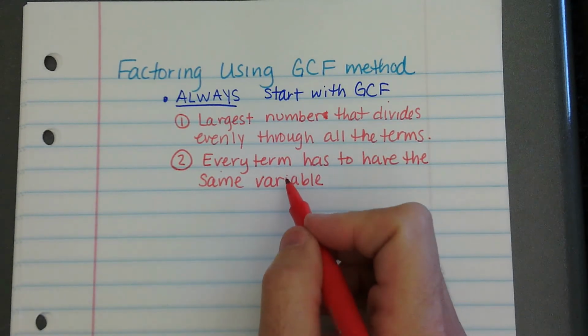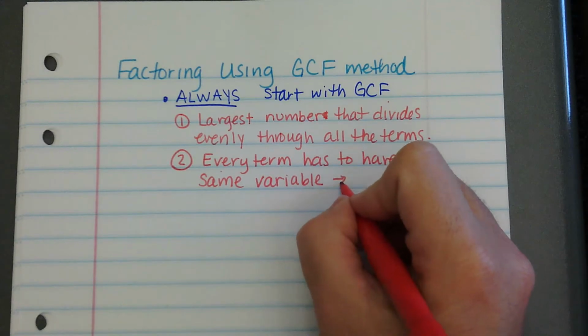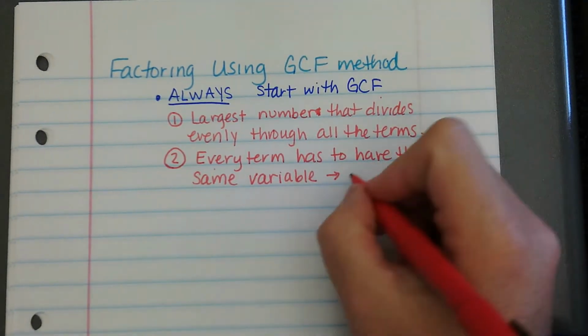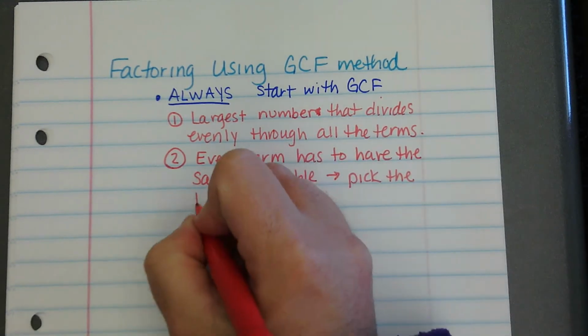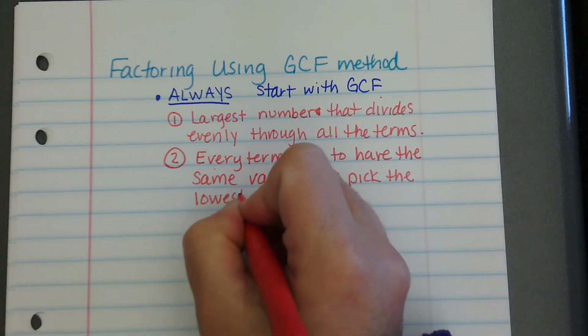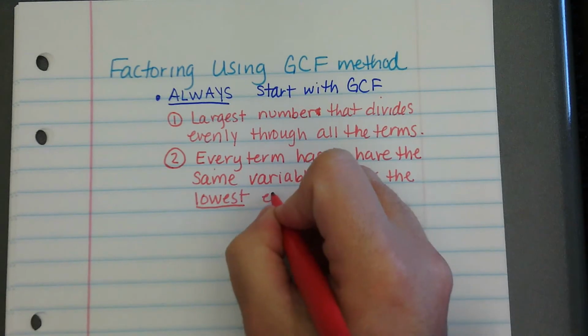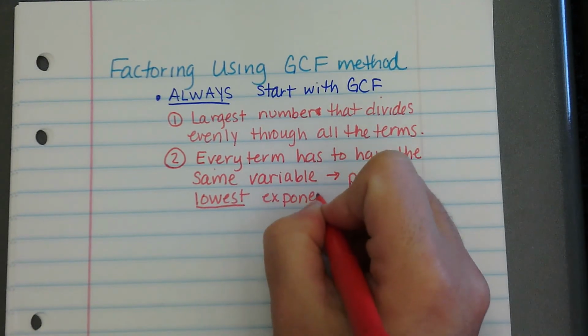But then for the GCF, you pick the lowest exponent, or the smallest exponent. And that's going to be part of your GCF.